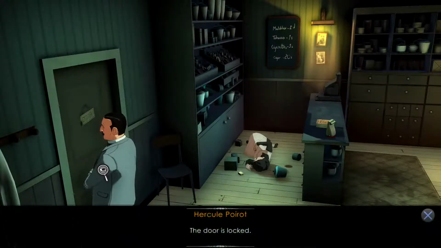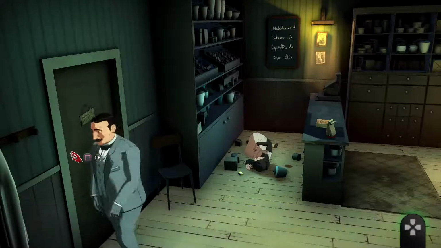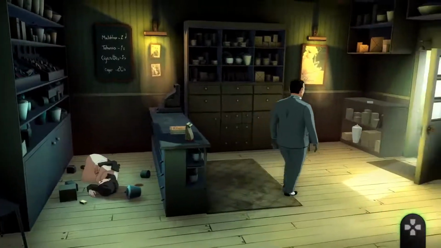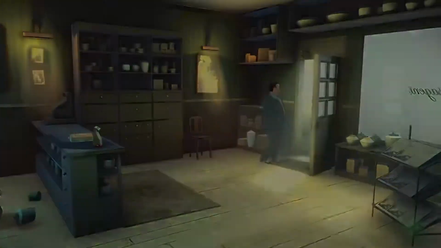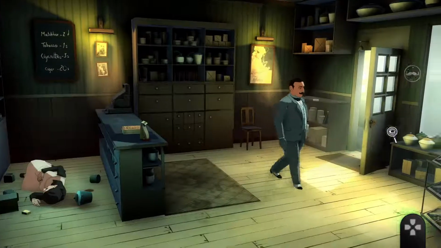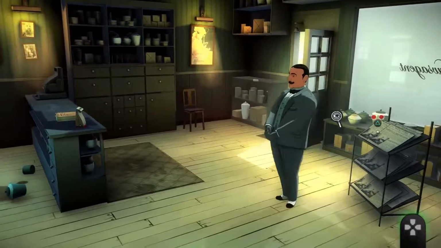The door is locked. Oh, hold on, there's a newspaper rack. Maybe we should go back. Let's go back. Ah, I was right.